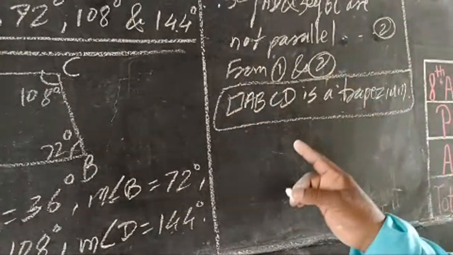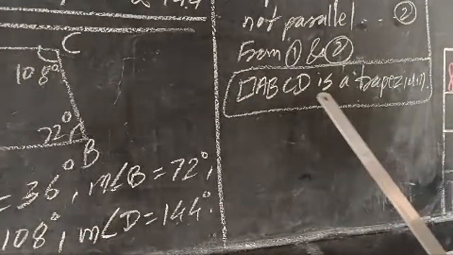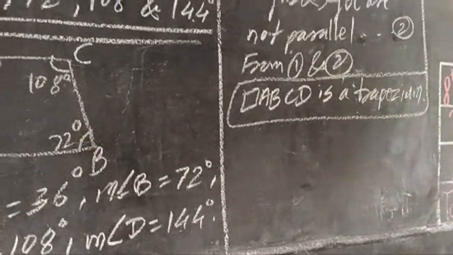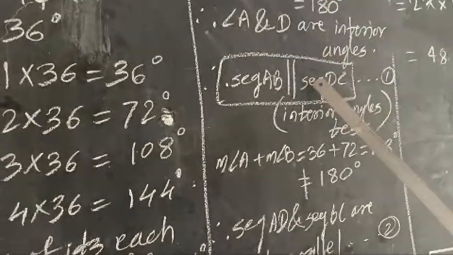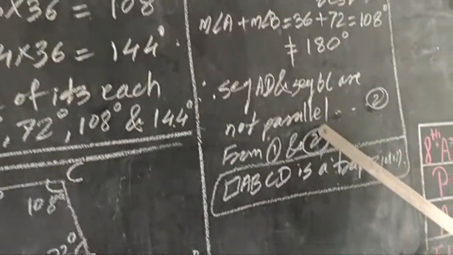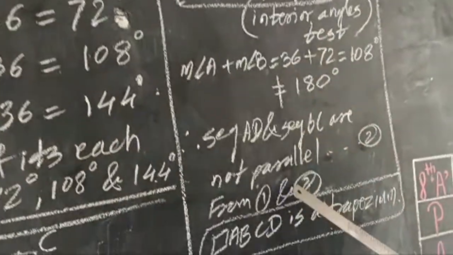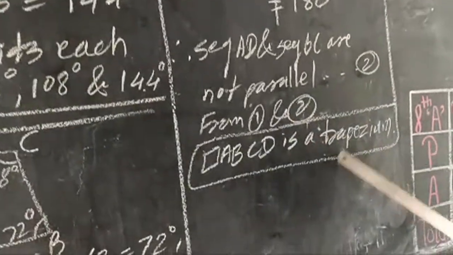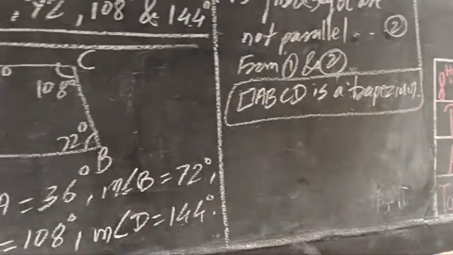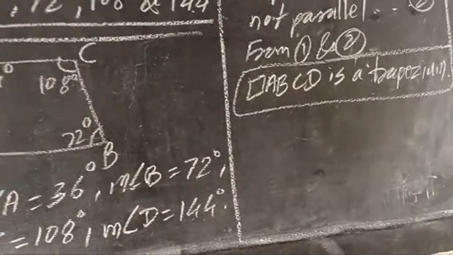That is what the question asks, and we write it with the reason. This is the reason: one pair is parallel, another pair is not parallel. This is the explanation for the answer. In this way we can solve that example. Is there any difficulty? No. Write it down.